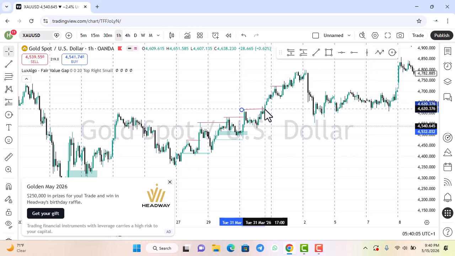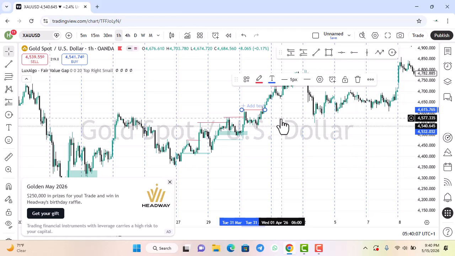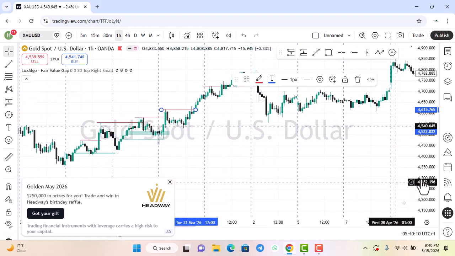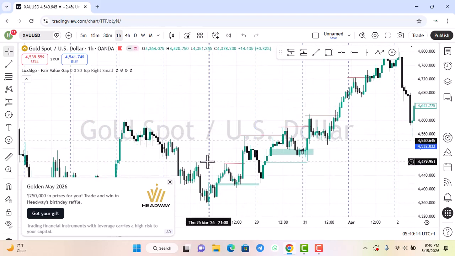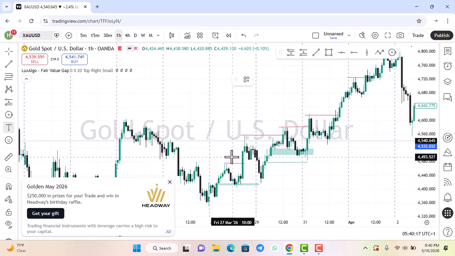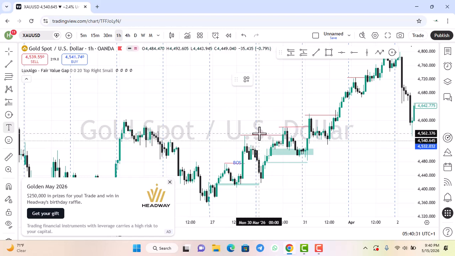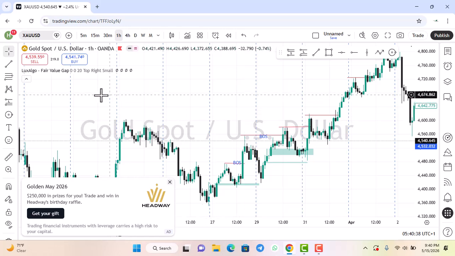Yeah, I've aligned it perfectly. So guys, you can see this is our valid break of structure right here. Valid break of structure, BOS. This is our valid break of structure, BOS, right?